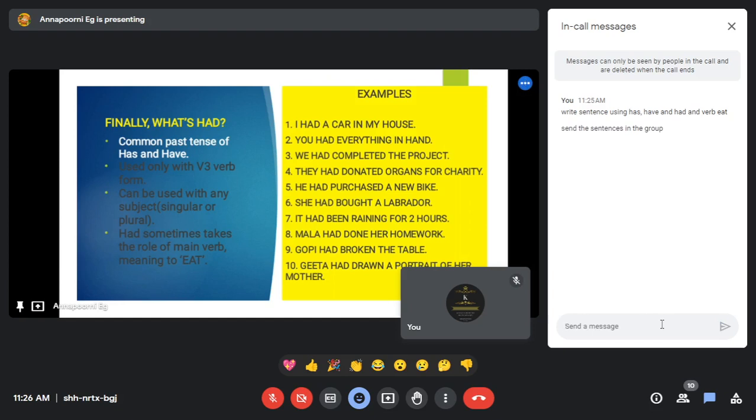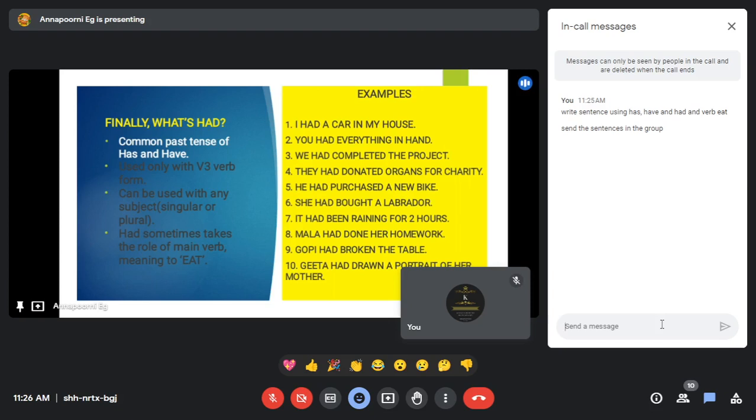And last one, Geeta had drawn a portrait of her mother. So drawn is the V3 of draw. Draw, drew, drawn. So Geeta had drawn a portrait of her mother. Portrait means a picture. She has drawn a picture of her mother.